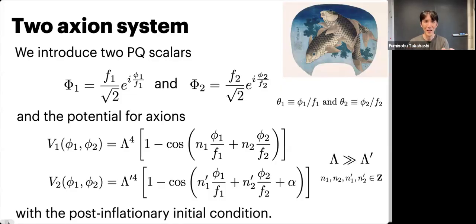In that case, some combination of phi1 and phi2 is coupled to, say, gluons or hidden gluons, whatever. So it is possible to have a situation where two axions are coupled to the same gauge field. In that case, some combination of phi1 and phi2 acquires a potential like this.